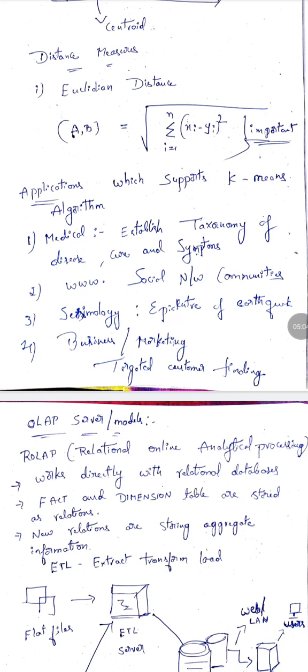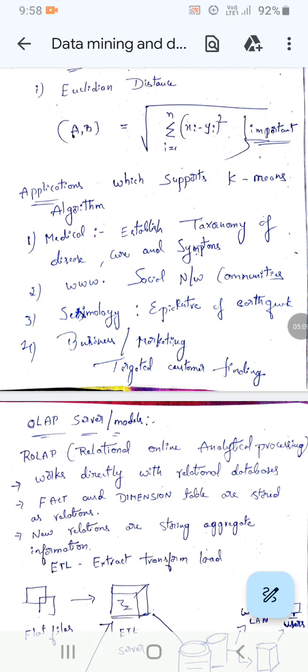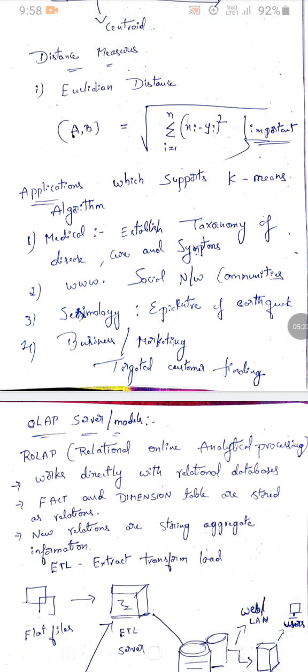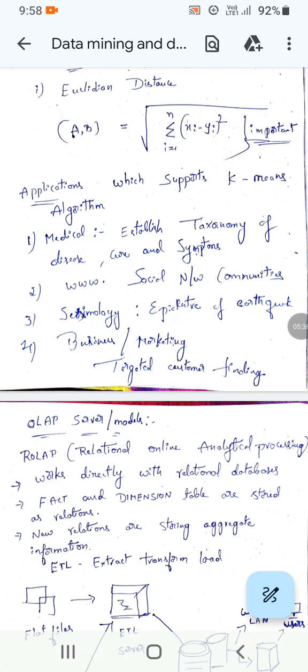This K-means algorithm makes it easy to identify earthquake sensors, and it is also used in business and marketing: the most repeated items of the customers, and finding the targeted centroid customers. Targeted customer findings means the most likely, most repeated object of the customers. In COVID times, as per customer preferences, most people purchased masks and sanitizer.